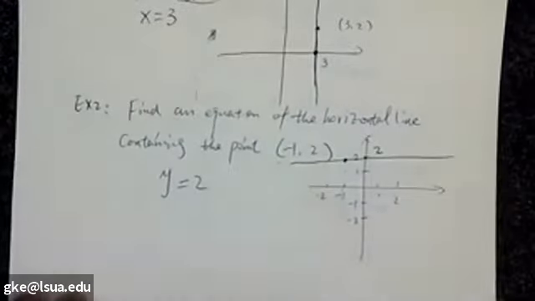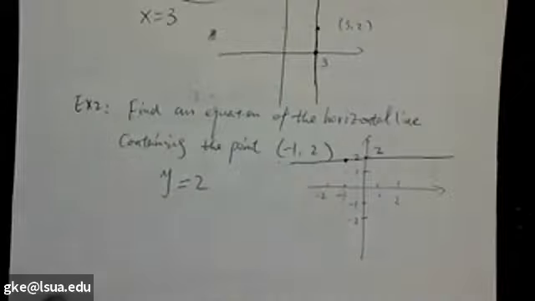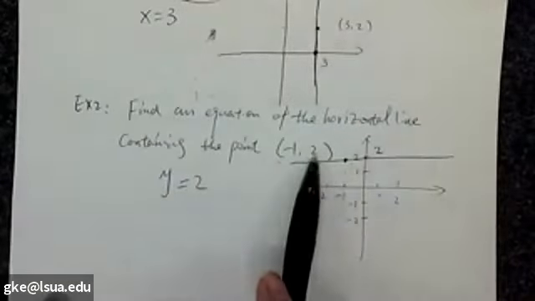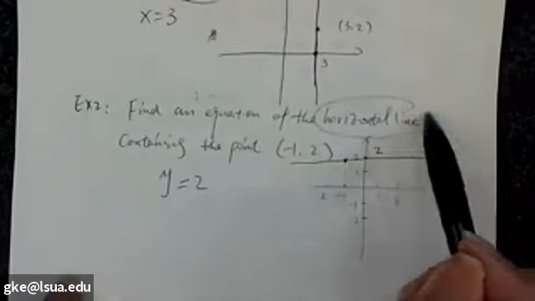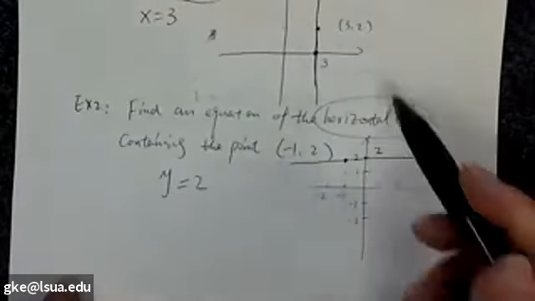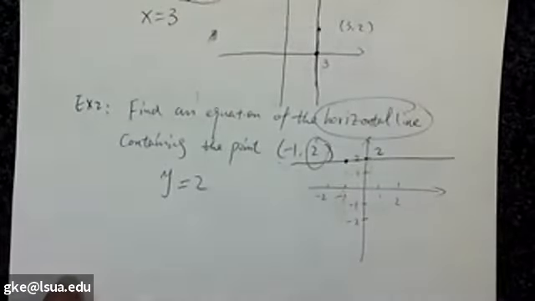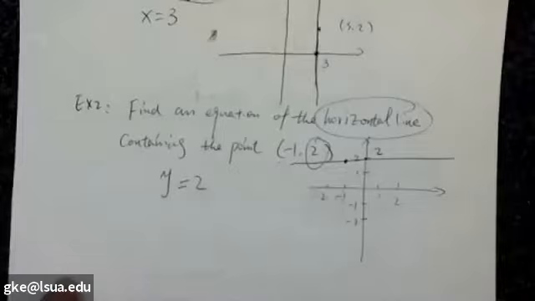Okay, and here's a trick, the same thing. For this point, it's -1 and 2. If we want to find the horizontal line, we just need to find the y-coordinate, right? The y-coordinate is 2.